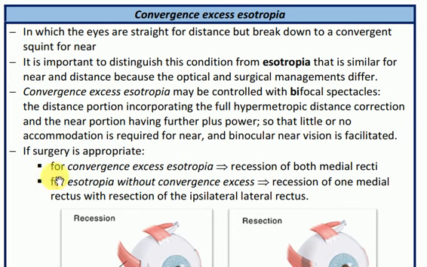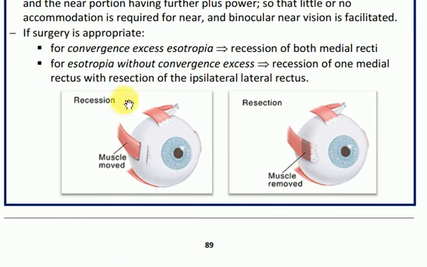If surgery is appropriate, for convergence excess esotropia, recession of both medial recti; and for esotropia without convergence excess, recession of one medial rectus with resection of the ipsilateral lateral rectus.